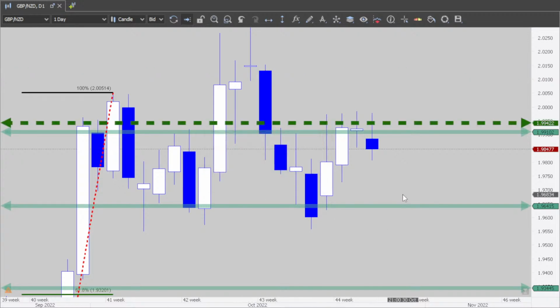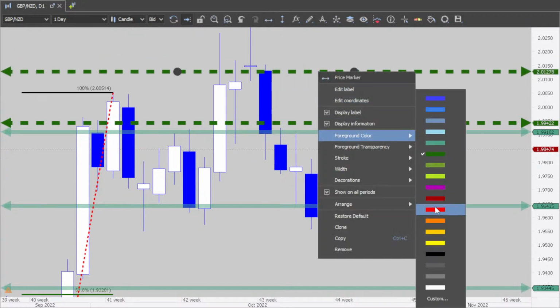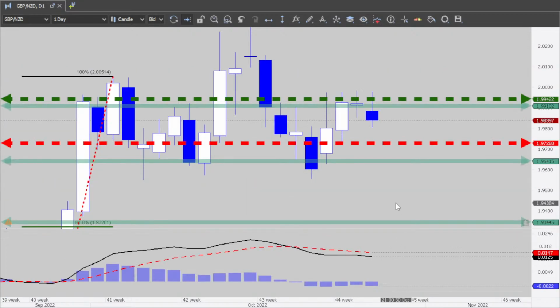Okay, when was this? Yesterday, today. Stop loss is going to be red, edit coordinates, and stop loss is 1.97280.